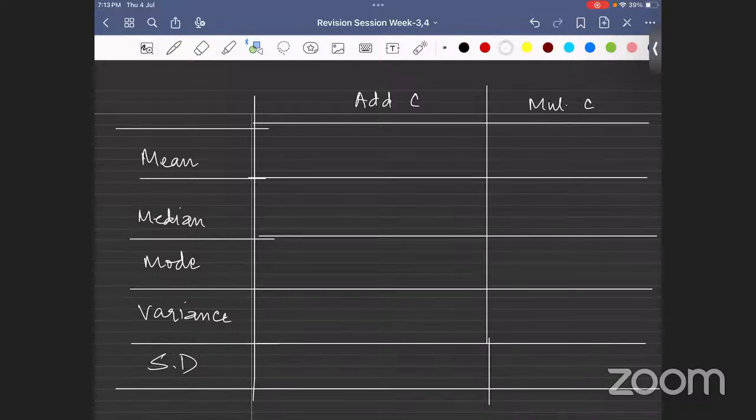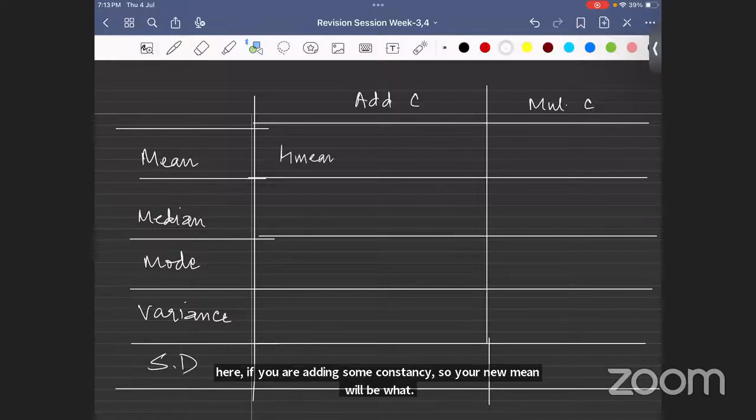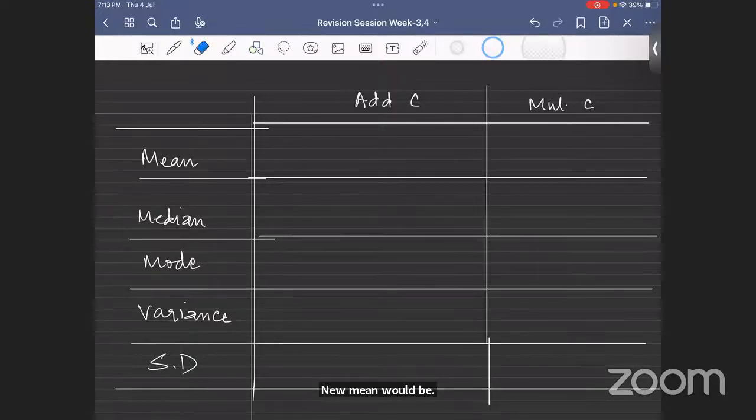Here, if you are adding some constant C, so your new mean will be what? If you are adding, new mean would be old mean plus C.